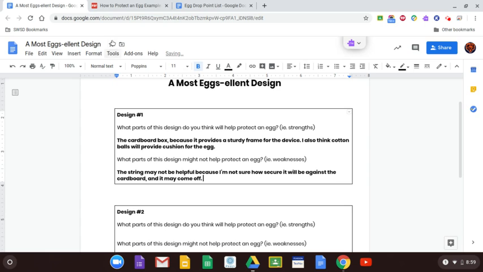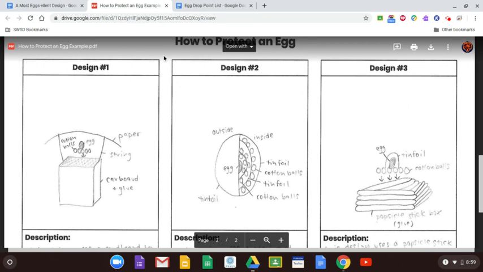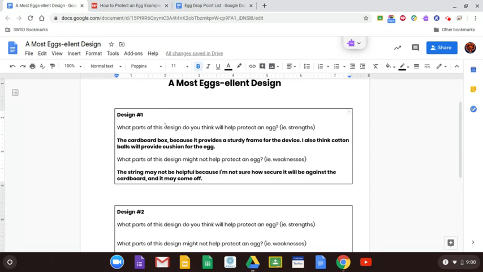Okay, something like that would be a great example of what you can write for the first strengths and weaknesses for your first design. So again, the biggest takeaway is don't just list materials.